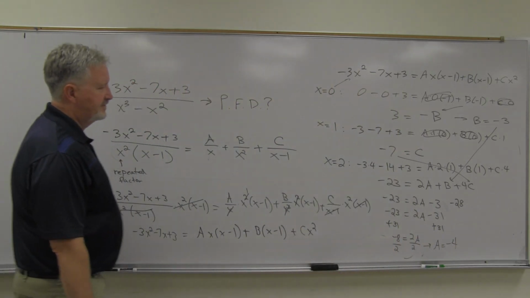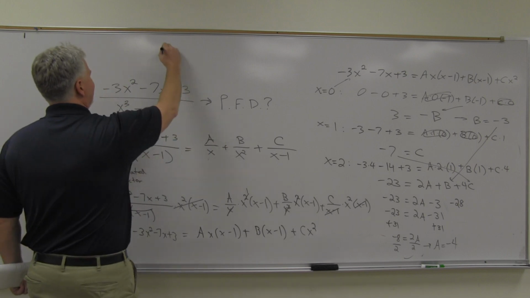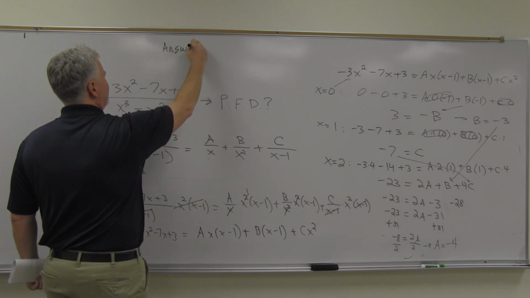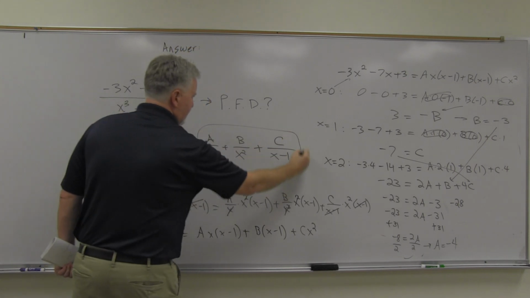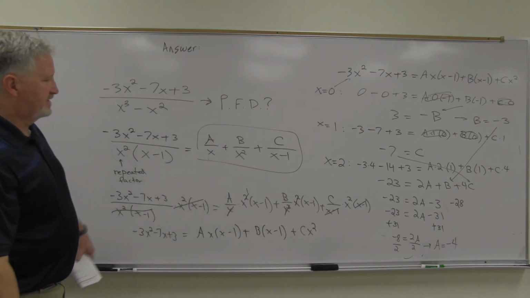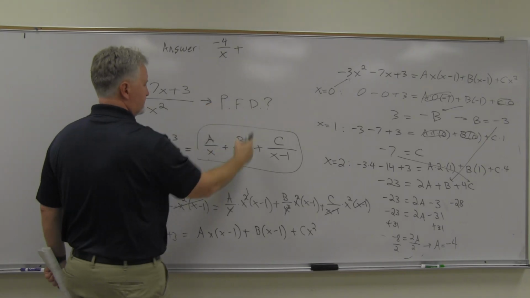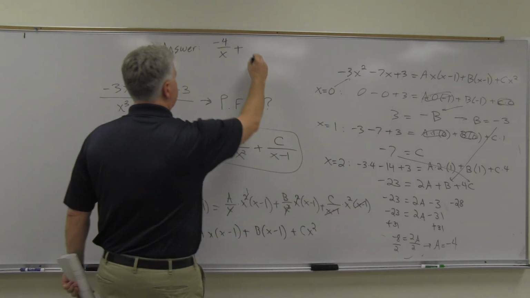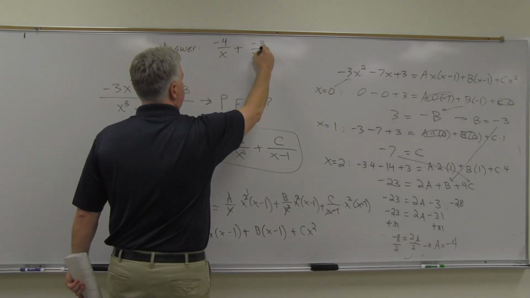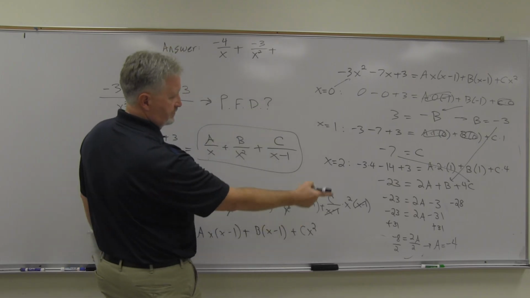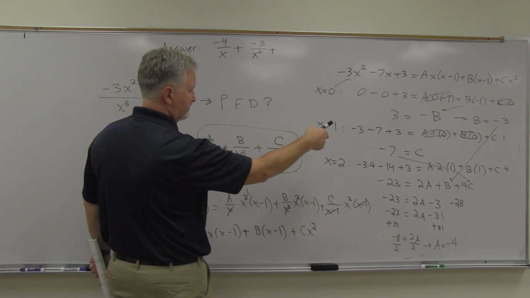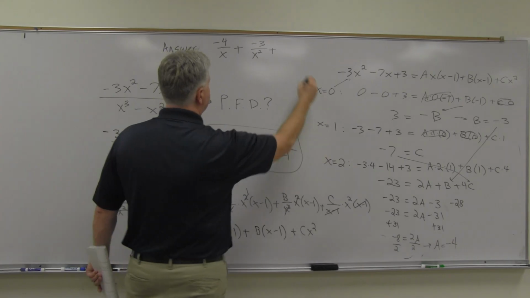So my answer, what's the answer here? So here's my answer, just with a, b, and c plugged in. So it'd be negative 4 over x plus b over x squared. b is negative 3, so it'd be negative 3 over x squared. Plus c over x minus 1. c is negative 7. They're all negative.